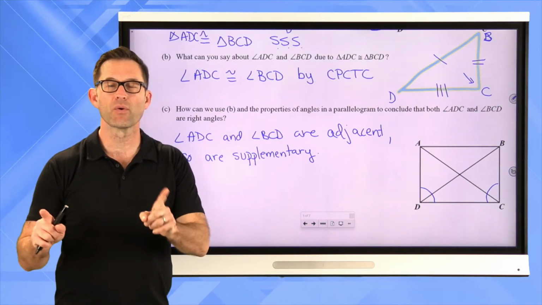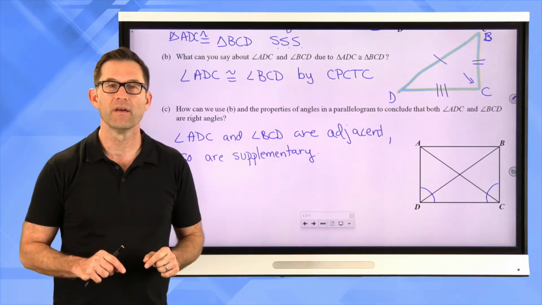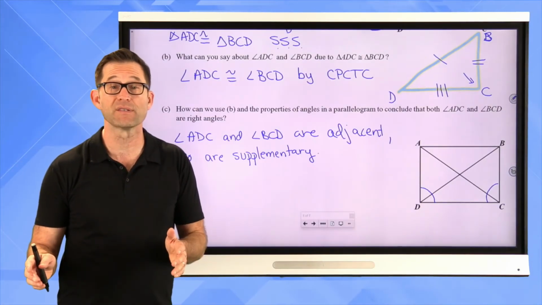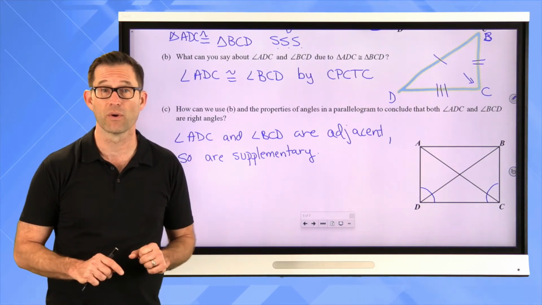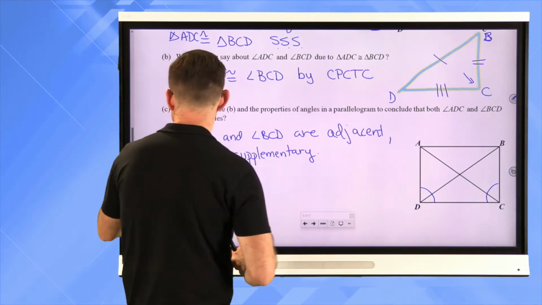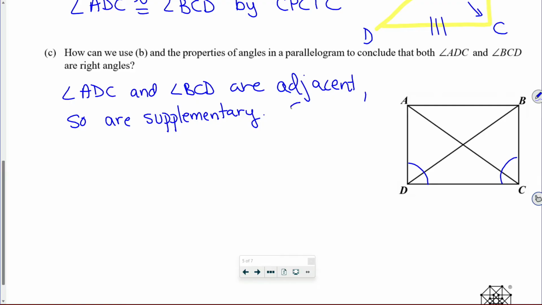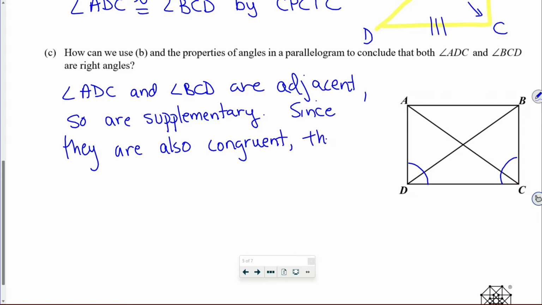So if two congruent angles are supplementary, right, two angles that have the same measure add up to 180 degrees, then they both have to be 90 degrees. They both have to be right angles. All right, since they are also congruent, they both must be right angles.